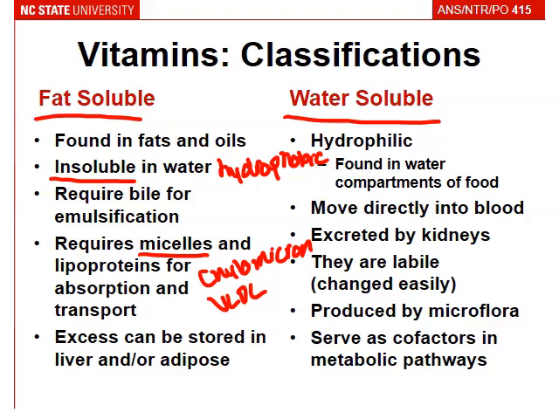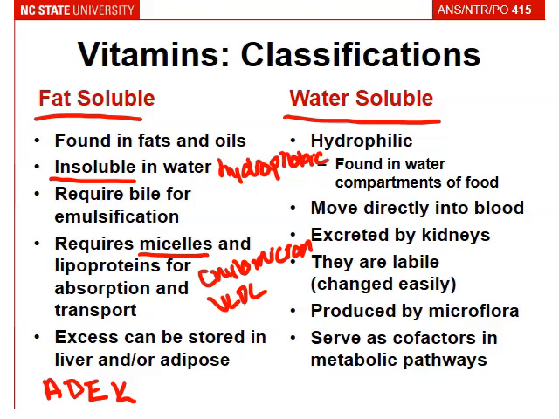Our fat-soluble vitamins are A, D, E, and K, so we only have four of them. Our water-soluble vitamins, on the other hand, are hydrophilic, so they like water and are soluble in water, and they are found in the water compartments of food.